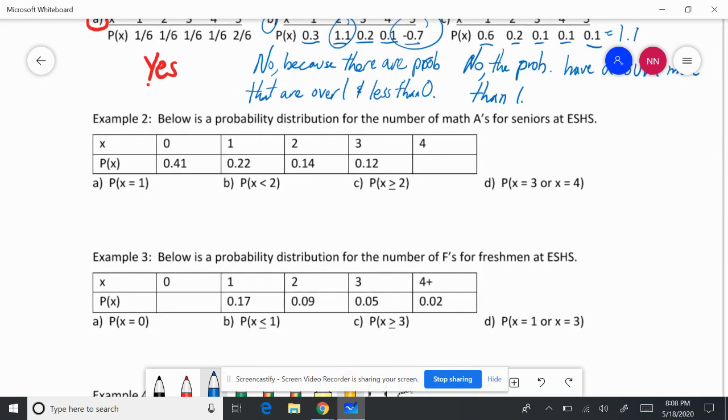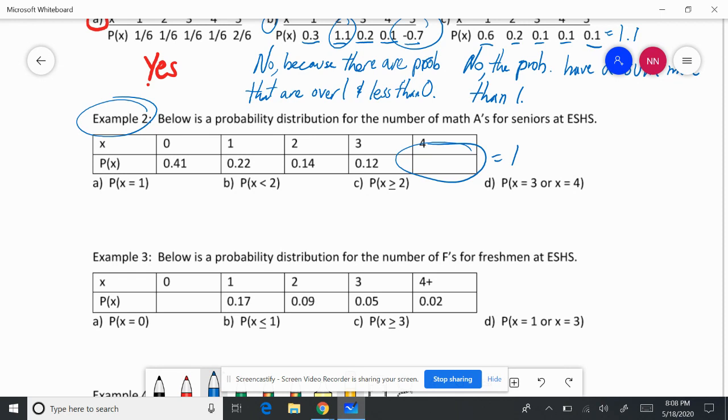Now what we're going to be doing is looking at probability distributions and solving them. If you're looking at our example 2, first thing that we notice is we don't know what's in there. Now, if it's a true distribution, it has to add up to 1. So what we're going to do is add up all of the probabilities, 0.41, 0.22, 0.14, and 0.12.